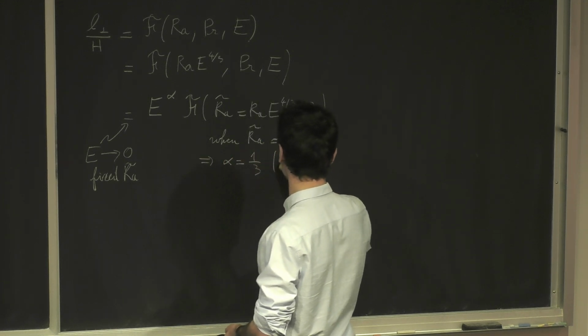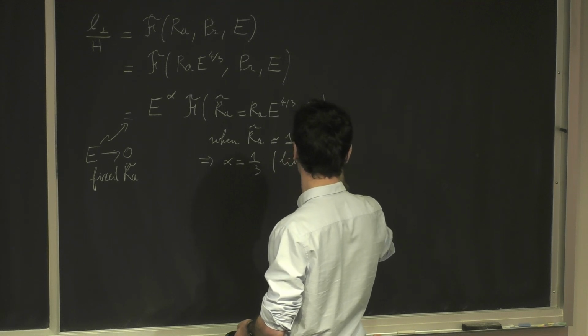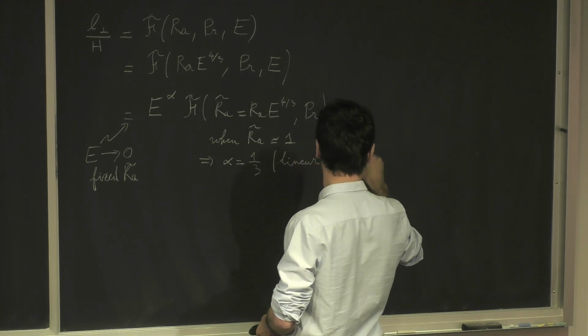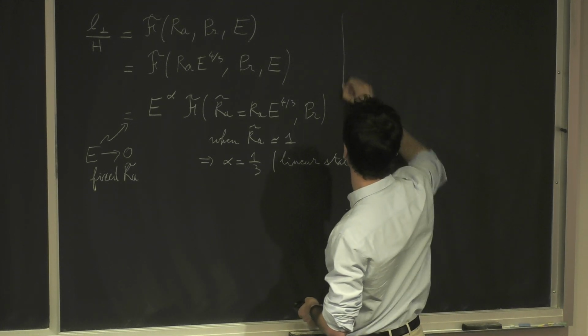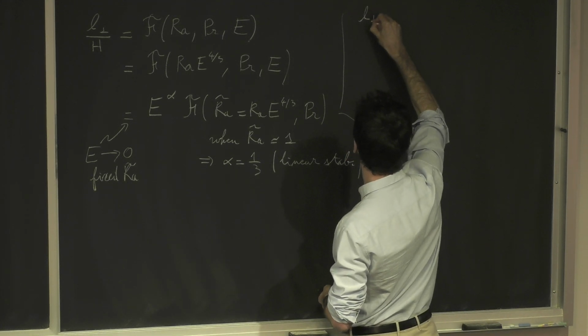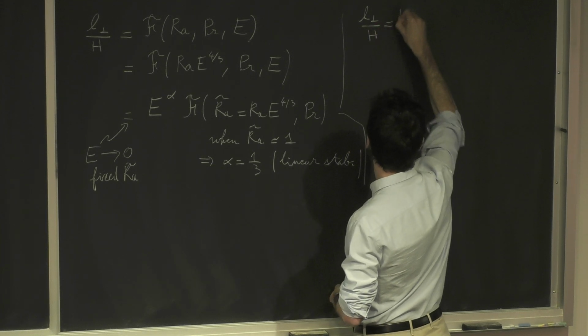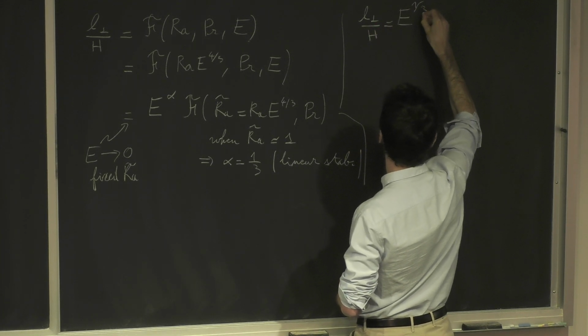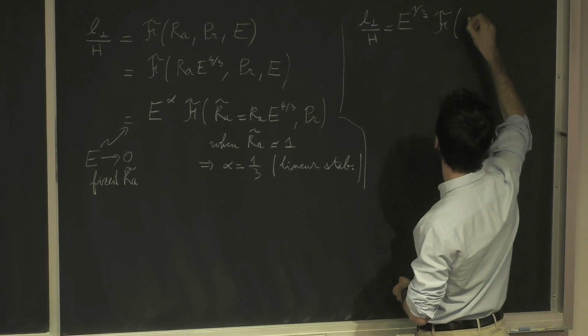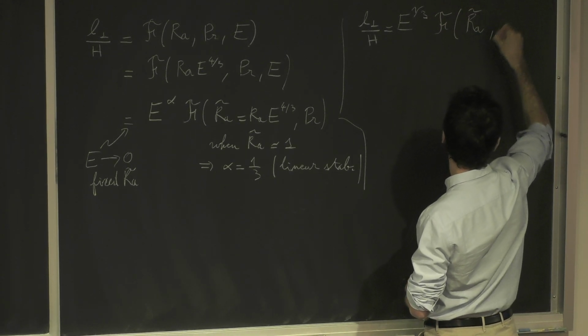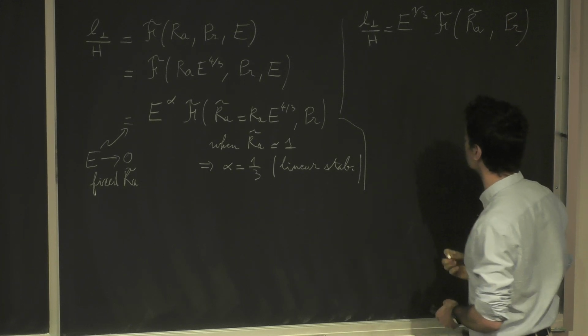And that's because I can read, right? I've read Chandrasekhar's book, maybe. That's linear stability. So now I've learned a lot. I know that L perpendicular over H, and you see, I don't have to do anything but read the linear stability analysis. I think that's really cool. And then I have Rayleigh tilde here and Prandtl.